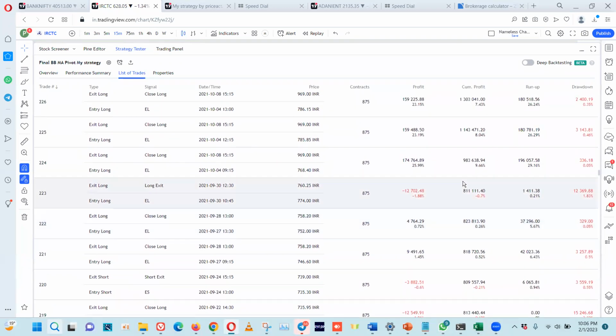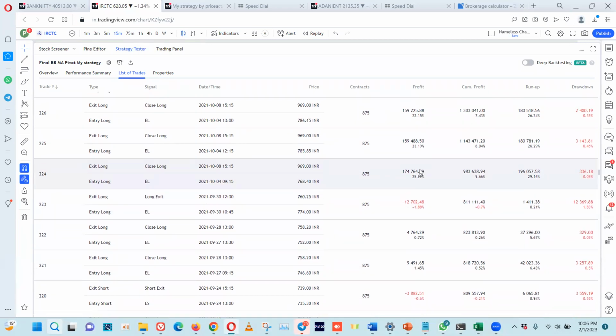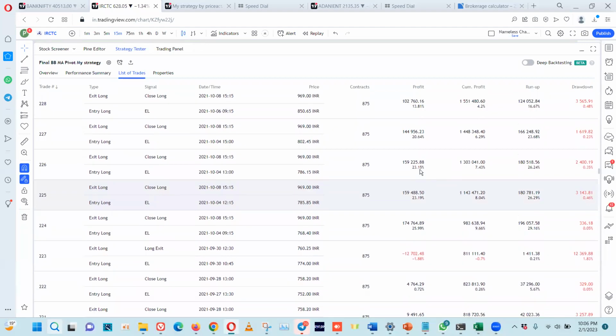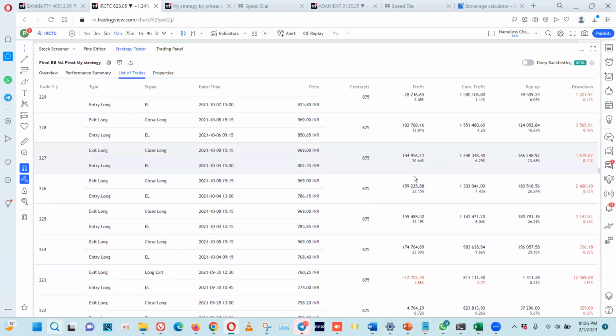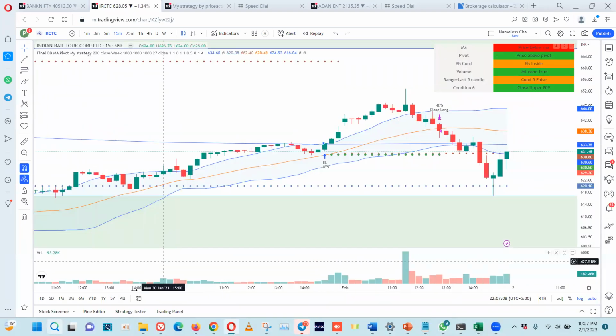Here we can see the profits were around 8 lakhs, and then just a few trades. These 5 trades, there was pyramiding in all these 5 trades, and these 5 trades have given large profits. So because of this, it is an outlier, and it is not routine that this will happen.